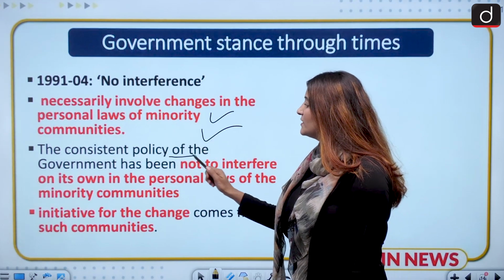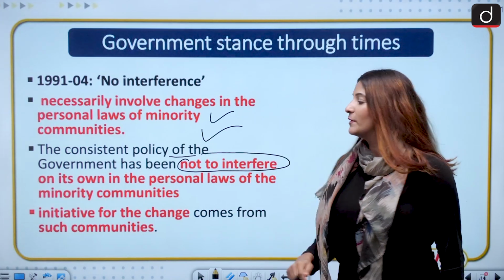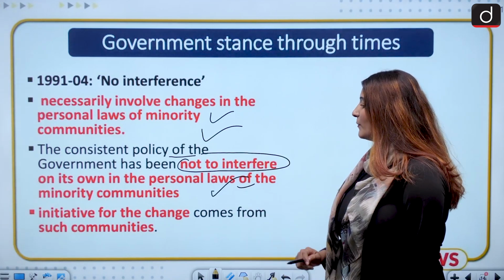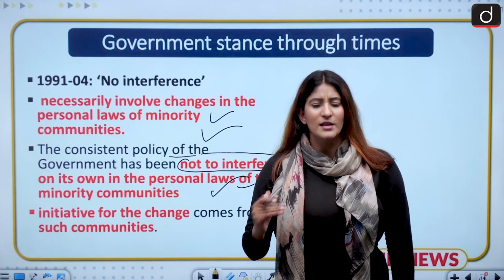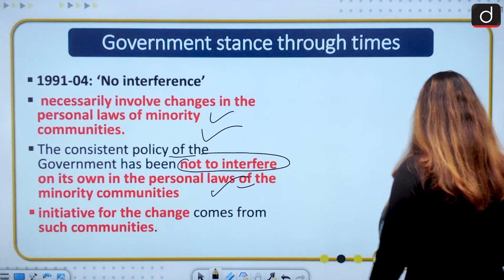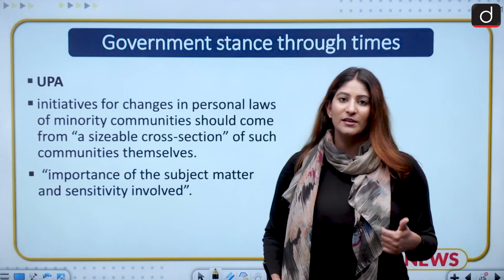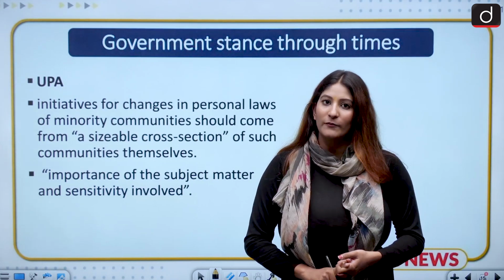The consistent policy of government has been not to interfere on its own in the personal laws of the minority community. Initiative for change has to come from the society itself.